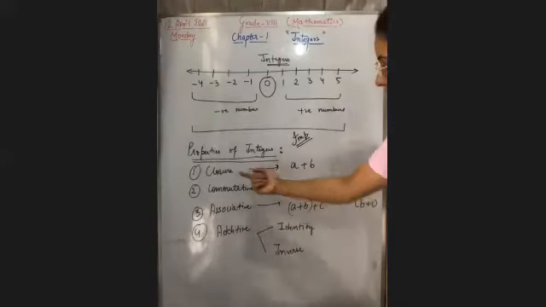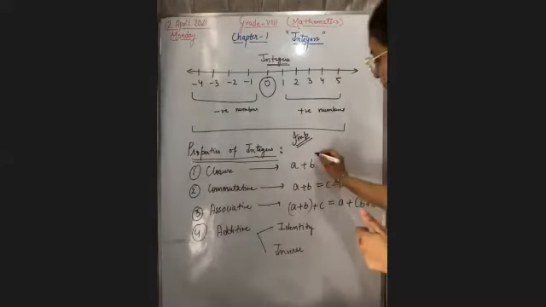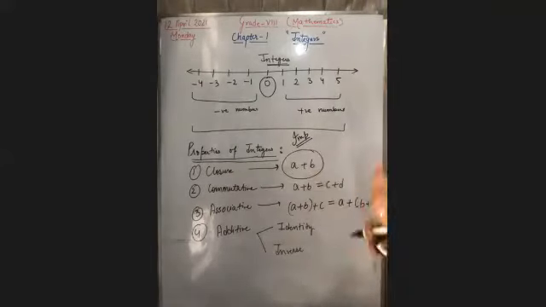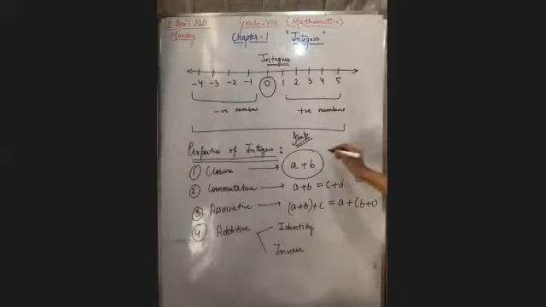What is the meaning of closure property? Closure property says that if you add any 2 numbers, your answer will be an integer only. Suppose you are going to add 2 and minus 5. Your answer will be how much? Very good, Sanchit.